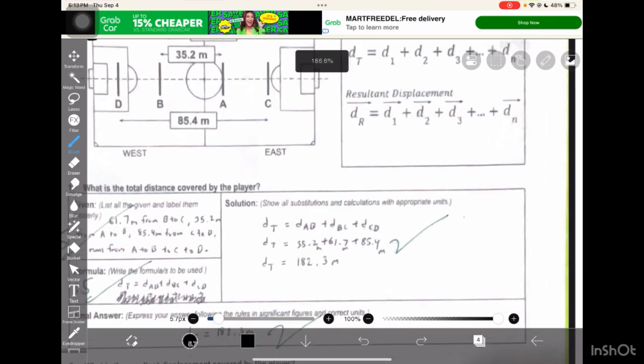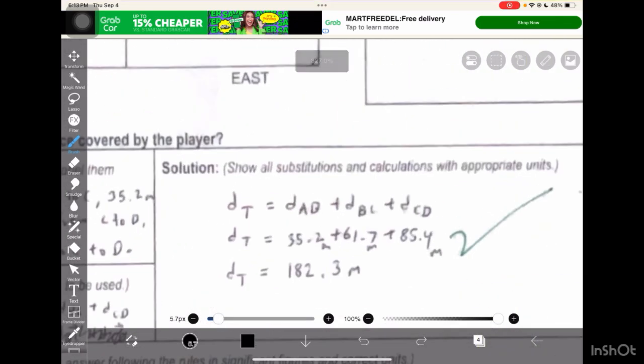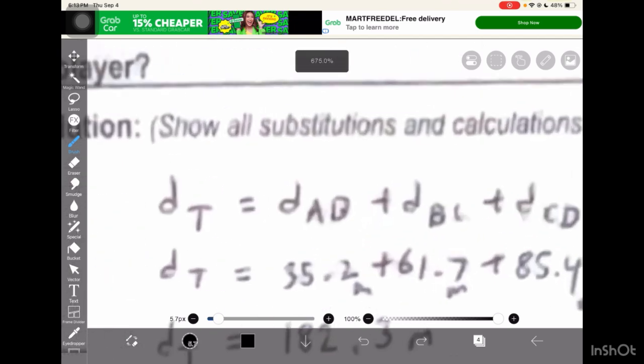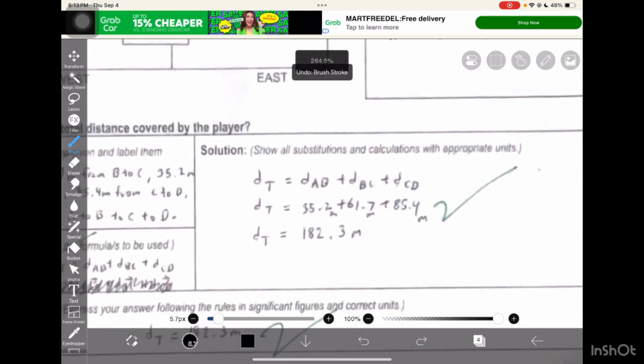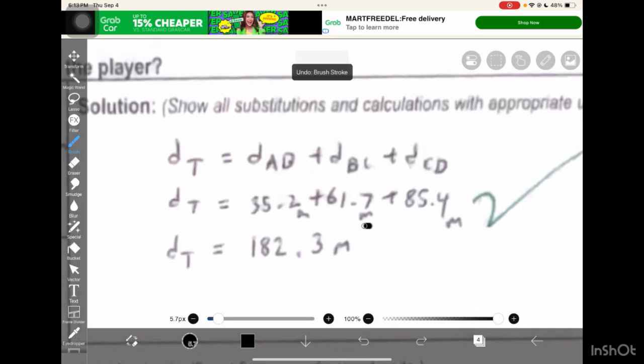So it's equal to 35.2 plus 61.7 plus 85.4. You can use any variable here, but I prefer to use the lines so that it's organized. Make sure to also add the correct units.